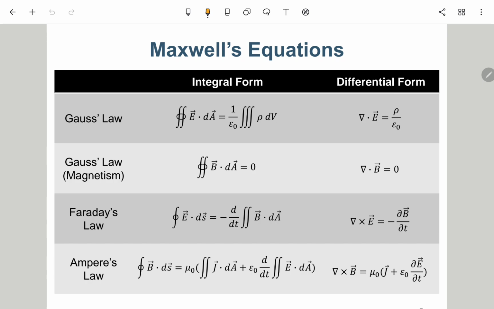Here we would like to use some analogy to show how to transfer it from the integral form to the differential form, although it's not so rigorous. And later on I'll show you a more rigorous way to show the equivalence.